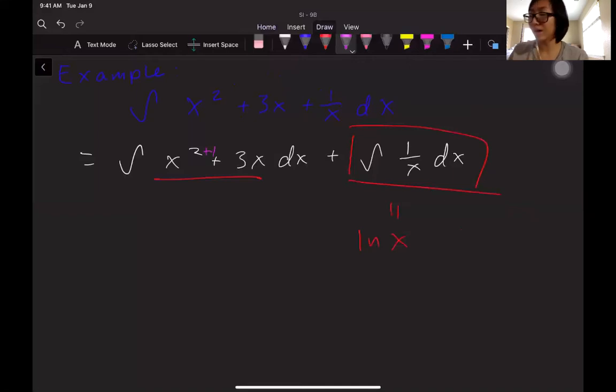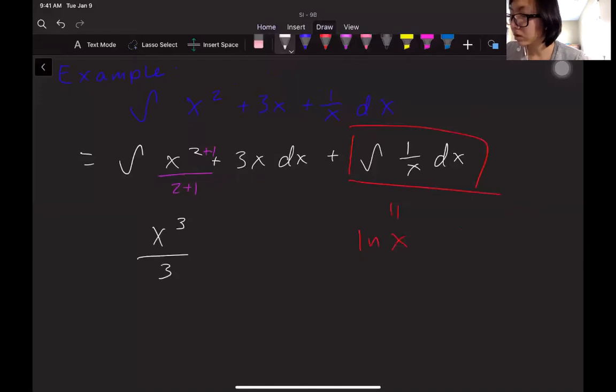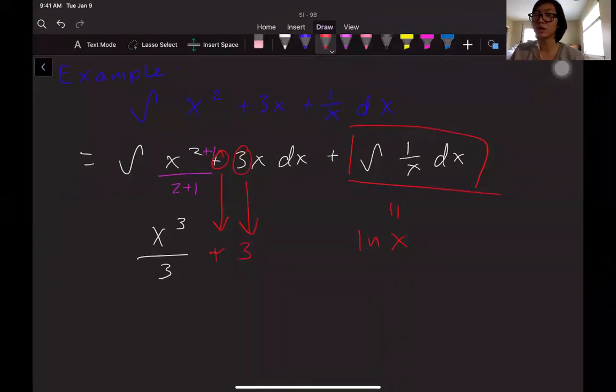Which means I'm going to divide by this new exponent, right? So I simplify that down, I get something like x cubed over 3, right? This plus here drops down. Another thing that drops down is this 3, because 3 is a constant in front of a variable, so we can just drop it down like that.